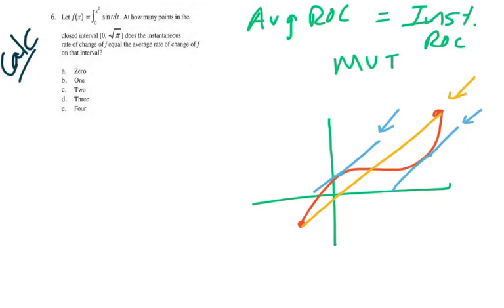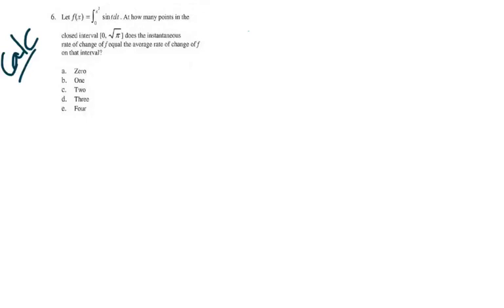So that is mean value theorem. That is what you are asked to find here in this question, because again, they're talking about where the instantaneous rate of change is equal to the average rate of change. Now, the first thing that can kind of be confusing is that I'm given the function not in the initial f of x format, but I'm actually given it in the antiderivative format.